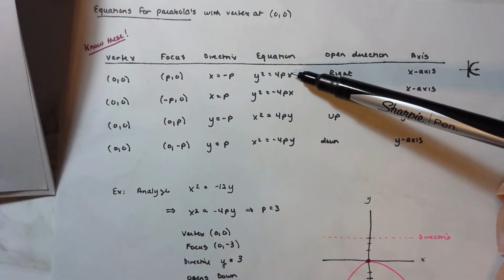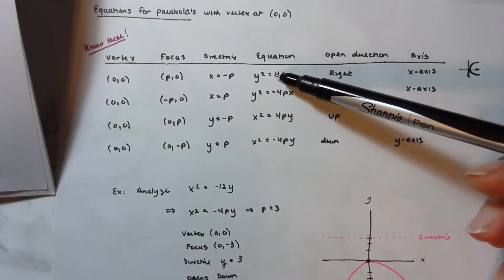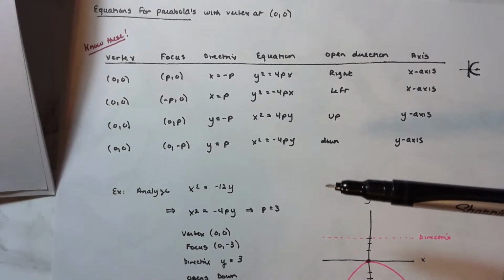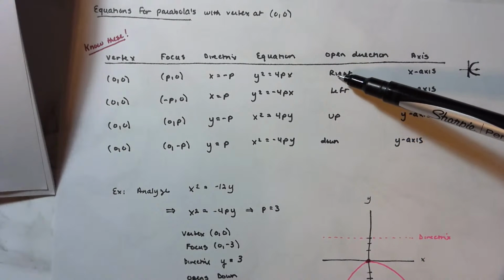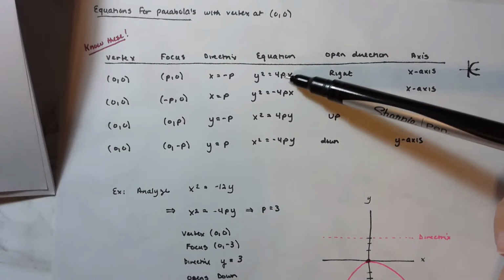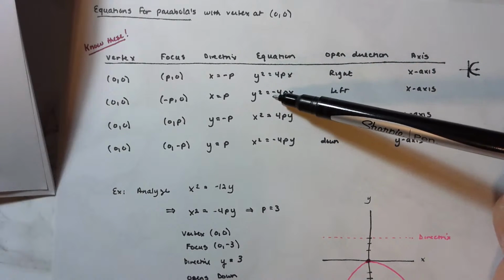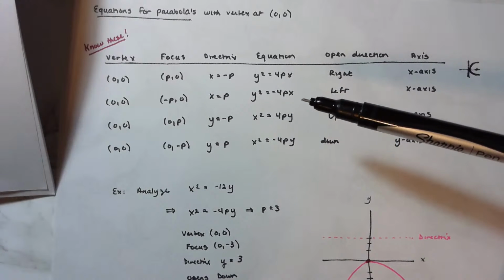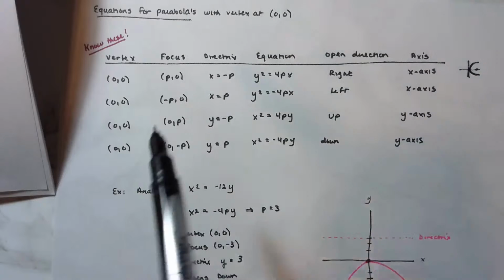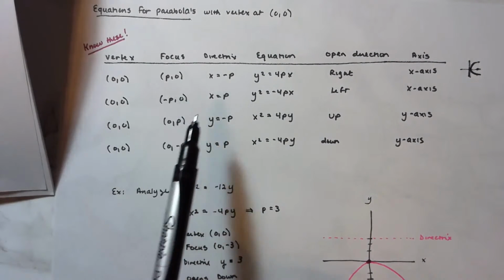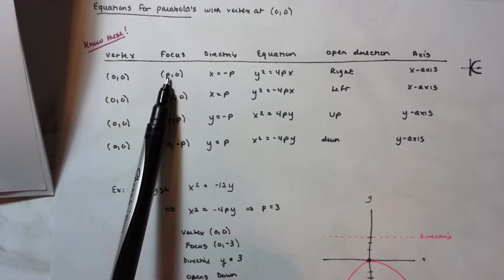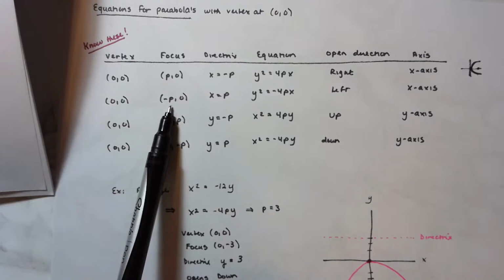But the important thing is that the equation is given by y squared equals 4px, right? So guess what? If the parabola is going to open left, it still has pretty much the same equation, except when it opens left, the coefficient here is going to be negative 4. All right, so again, we have our vertex at 0, 0. You notice the focus here, that p, which is that directed distance between the vertex and the focus, was positive here, it's negative here.